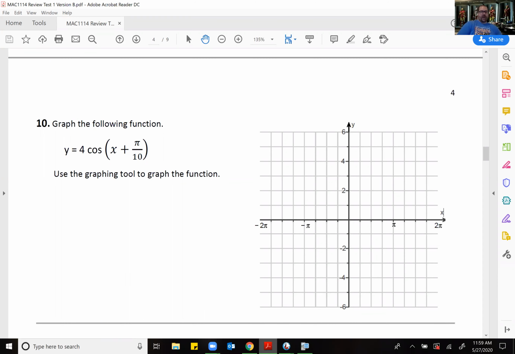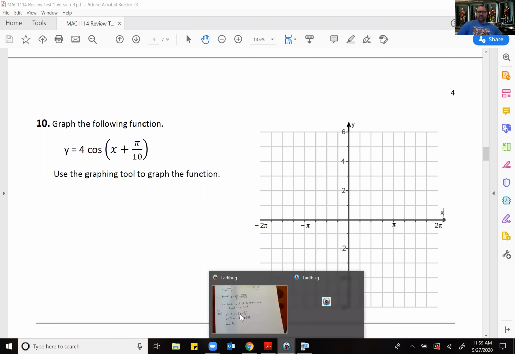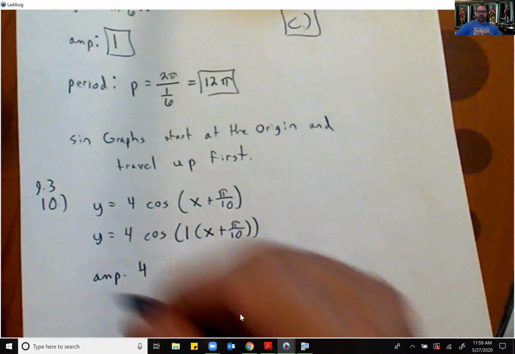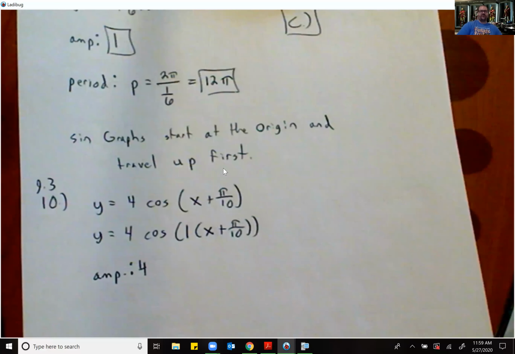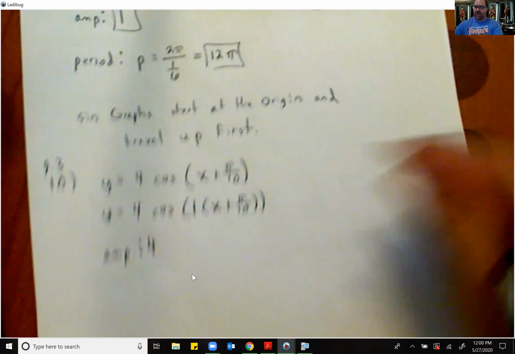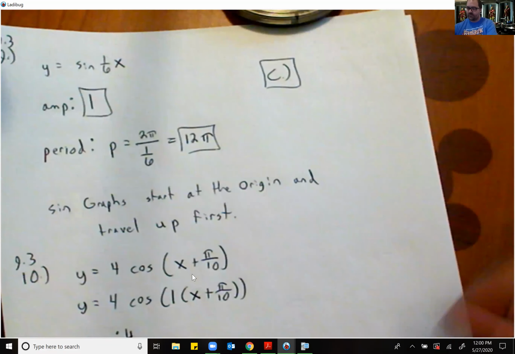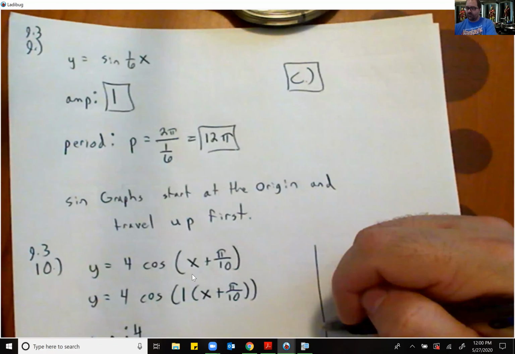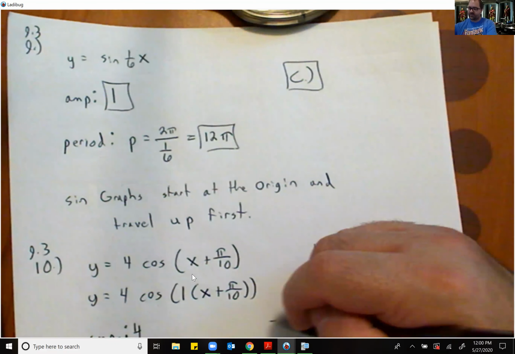But our problem, this is not negative, so there is no reflection, and the amplitude is purely 4. That means our graph will go up to 4, down to -4. I know we said down to 4 a moment ago, but then down to -4. Okay? So we now know, if I kind of draw a makeshift graph, this is a horrible graph.